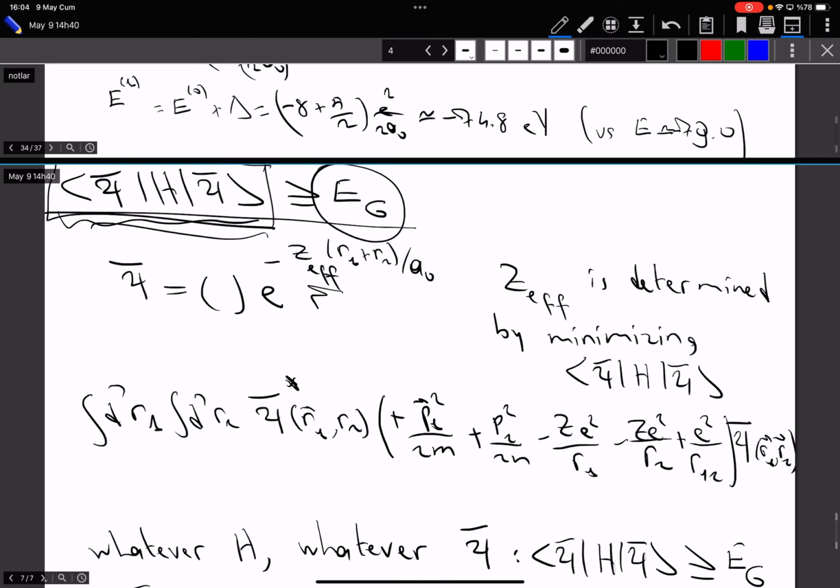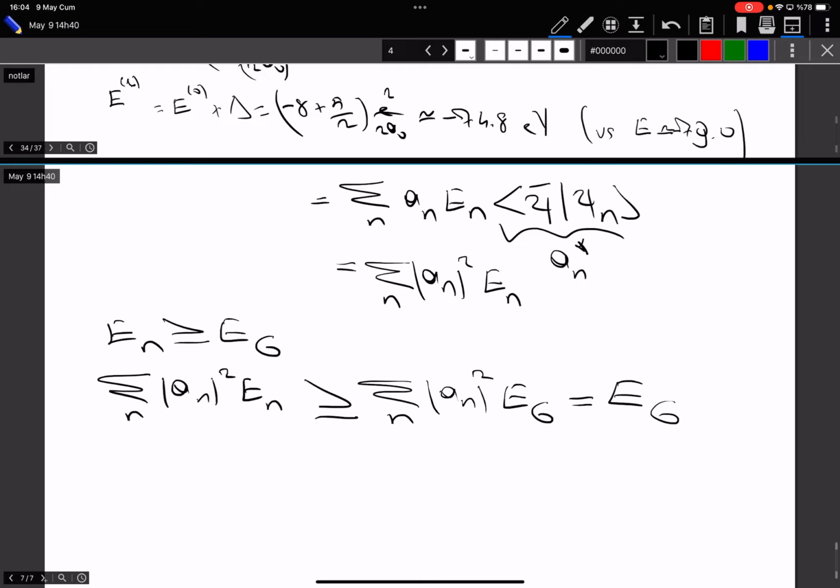Now, you can say that, okay, this is already a difficult problem. If you try to go ahead and calculate the expectation values of p_1 squared over 2m for these wave functions, you are making the problem even more complicated. So this is what I will do.